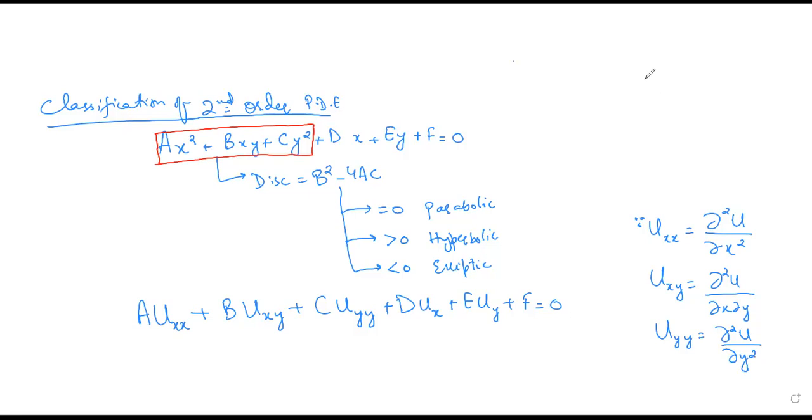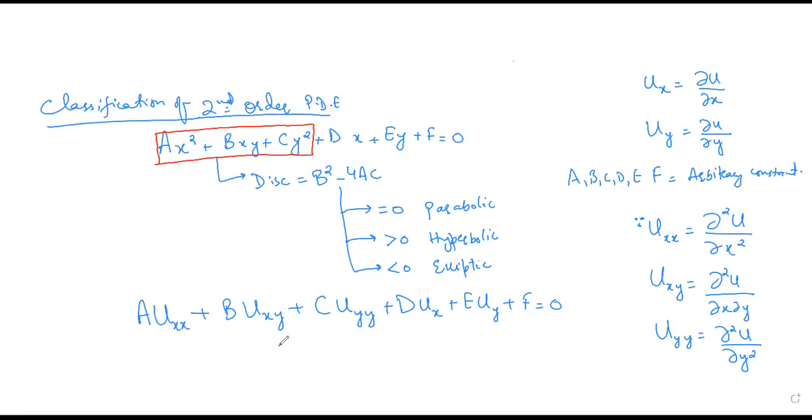The first order derivative ux is the representation of the first order derivative of u with respect to x, and uy is the first order derivative of u with respect to y. And not only f, here a, b, c, d, e, and f are all arbitrary constants.